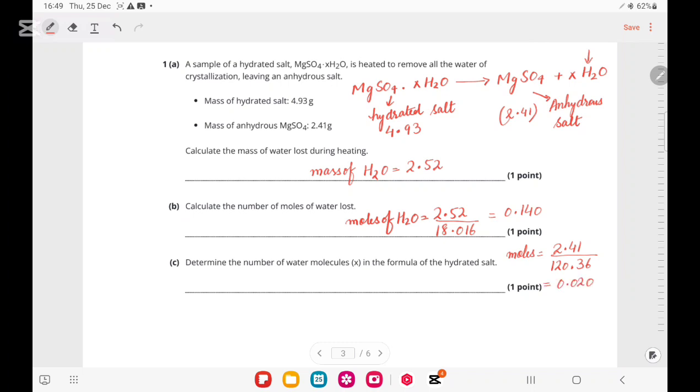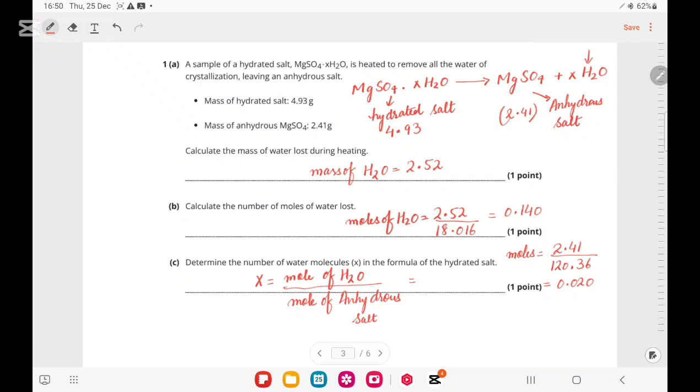0.020. So always remember, if we want to find out the number of water molecules in the formula of hydrated salt, the ratio that we are going to use is the number of moles of water molecules to the moles of anhydrous salt. This is the formula that we are going to use always.